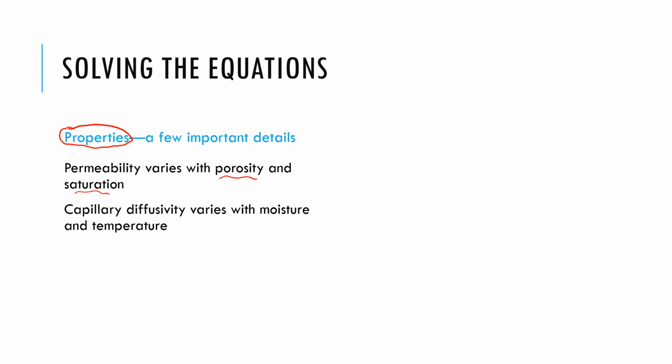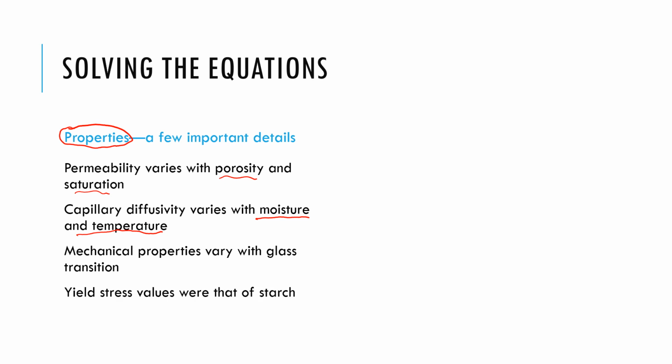So those need to be included. Then capillary diffusivity varies with moisture and temperature, and that again varies from location to location. Then the mechanical properties vary with glass transition, as already mentioned, and then the yield stress values also vary.